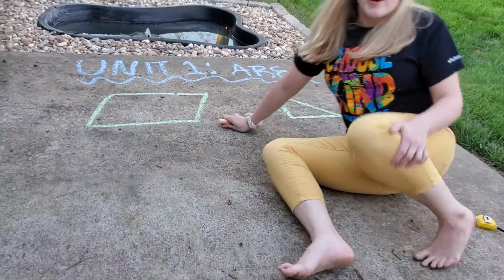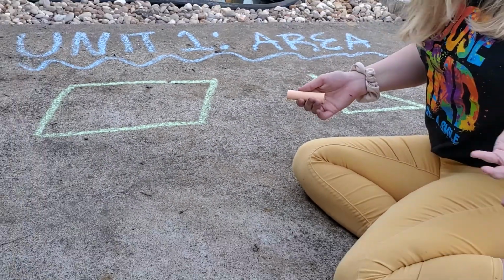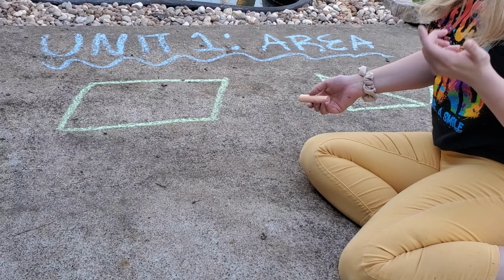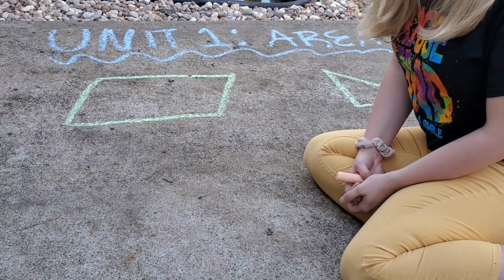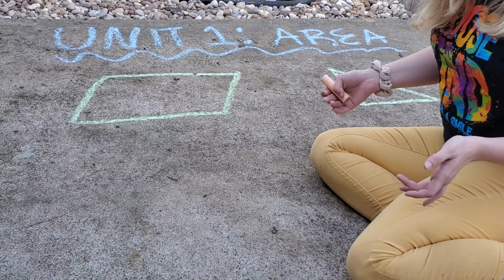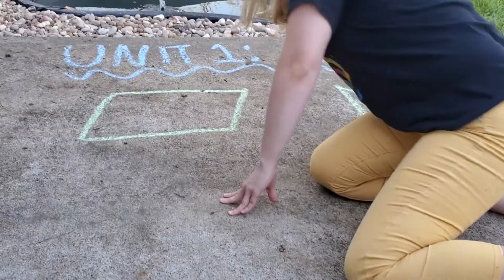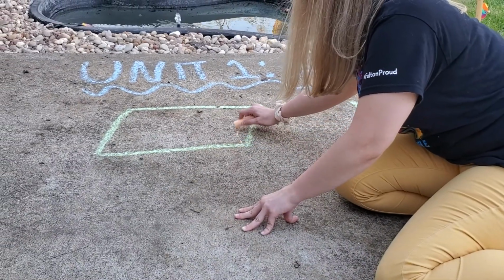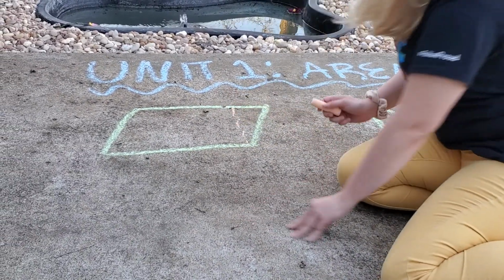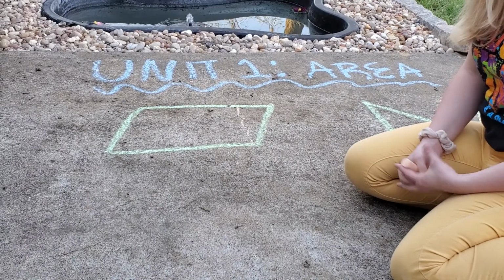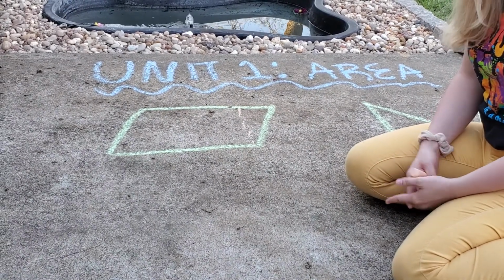for the area of a parallelogram, remember, this looks a little bit like a rectangle, and so we can decompose and rearrange this shape into a rectangle. To do that, we're going to need to draw a line that is perpendicular to a base or a side.